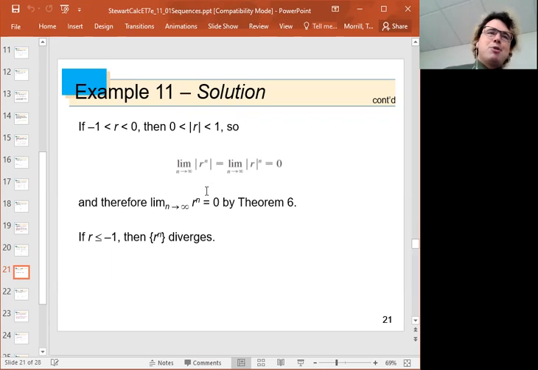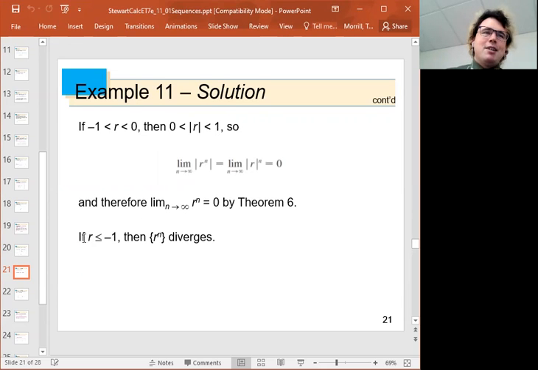I know that the absolute value of something raised to a power is equal to the absolute value of the number r, which is then raised to the power n. And I already know that this limit is going to be 0, since I have a positive number raised to the power n. I'm taking n going to infinity, and I know that my positive number is between 0 and 1.